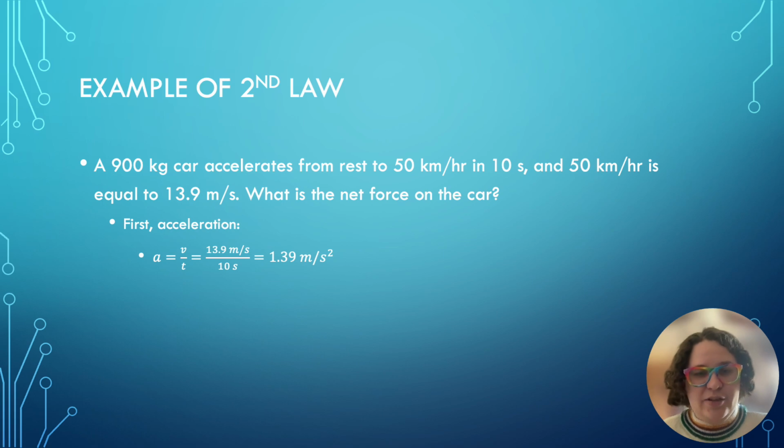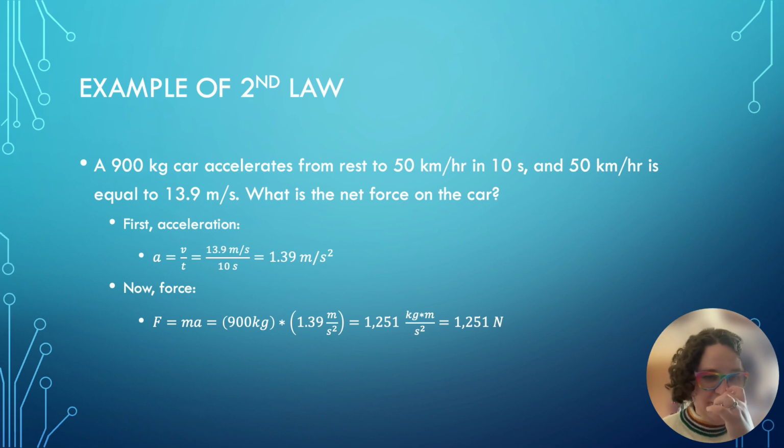So we divide 13.9 divided by 10, and we have 1.39 meters per second squared. Now we have an acceleration, and we have the mass of our car, so we can find the net force, which is F equals ma. So 900 kilograms times 1.39 meters per second squared gives us 1,251 newtons acting on the car.